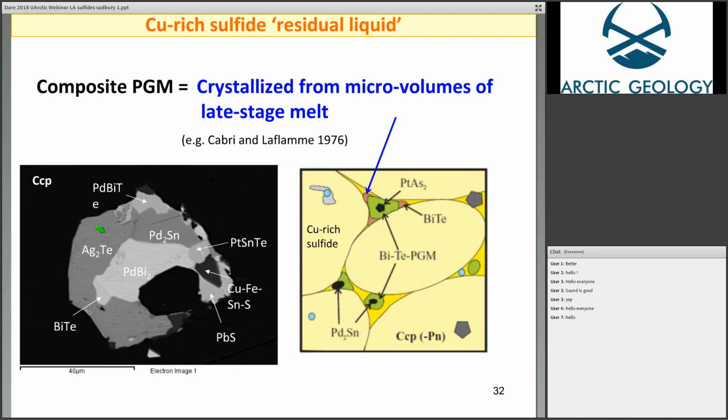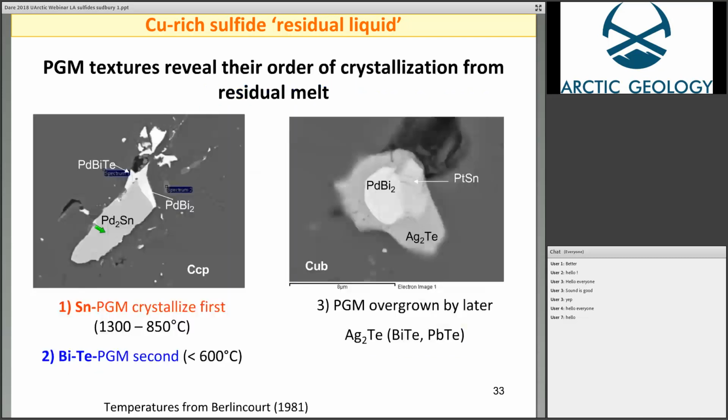So on the left, here's an actual picture from the SEM. You can see it contains about 8 different minerals: palladium with tin, palladium with bismuth, silver with tellurium, even some galena. So in my paper, I propose that there's almost a zonation, an order of crystallization of these platinum group minerals from the late melt.